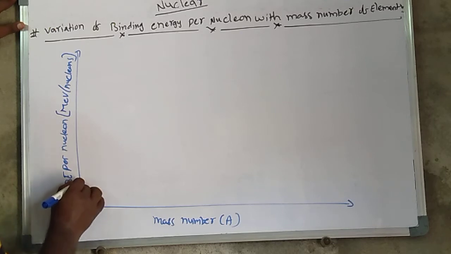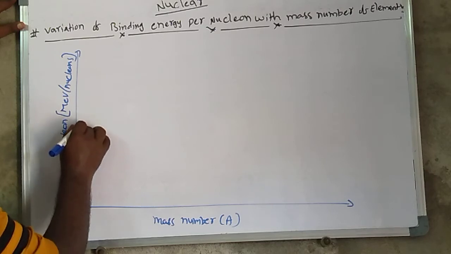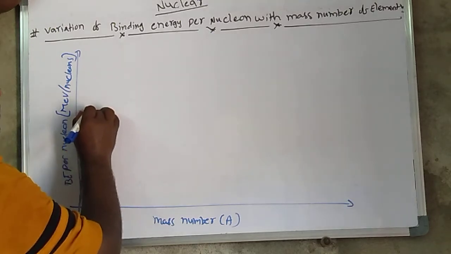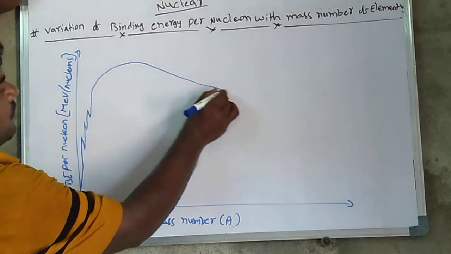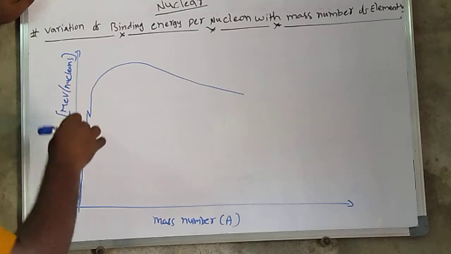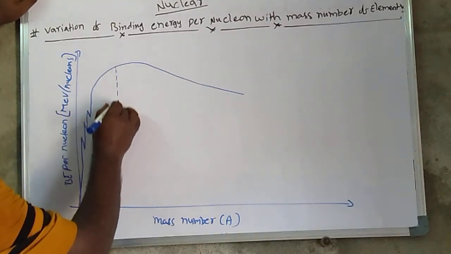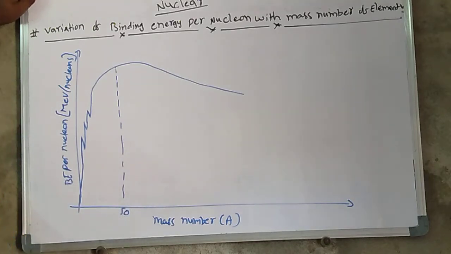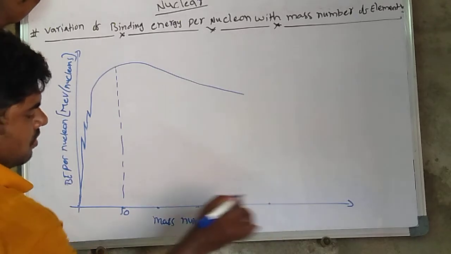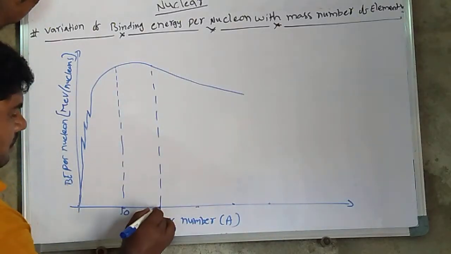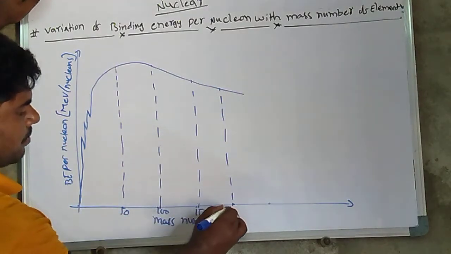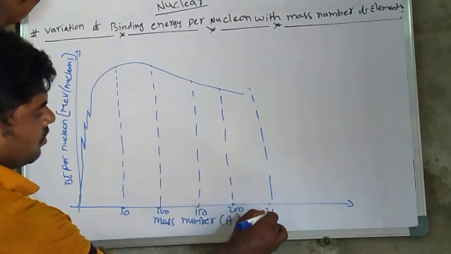So the graph looks like this. Up to here is 50, an element number of 50, then 100, 150, 200, 250.